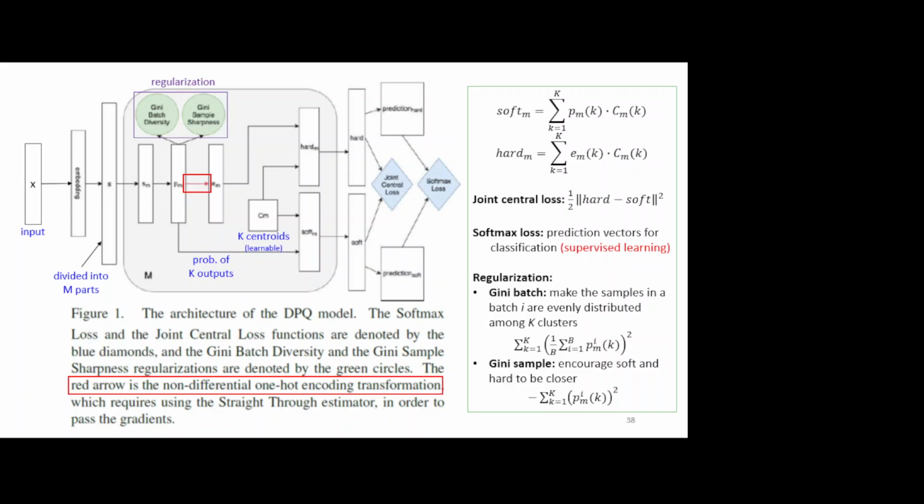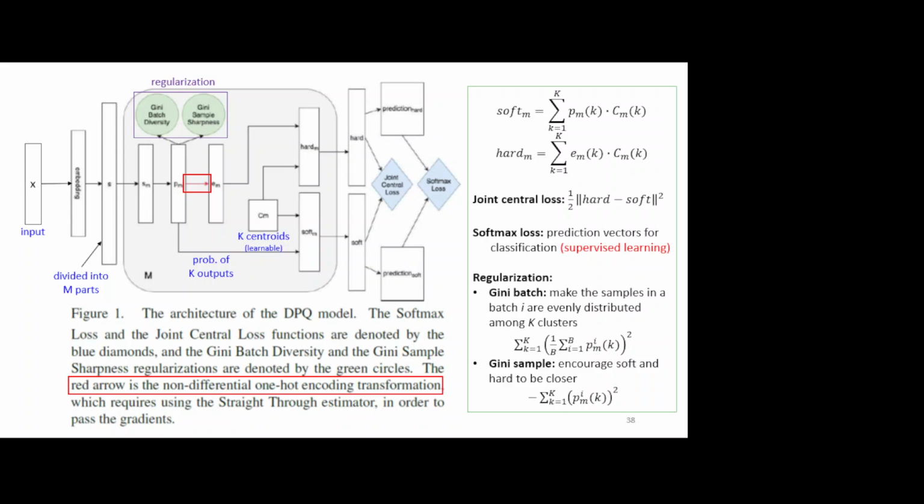Okay, so what can we do? In this paper, they use what is called a straight-through estimator. Straight-through means when I am going to pass a gradient to the next, I just pass it, even though in theory you cannot pass. It's non-differentiable, but you just forget it. You just pass your gradient to the next.